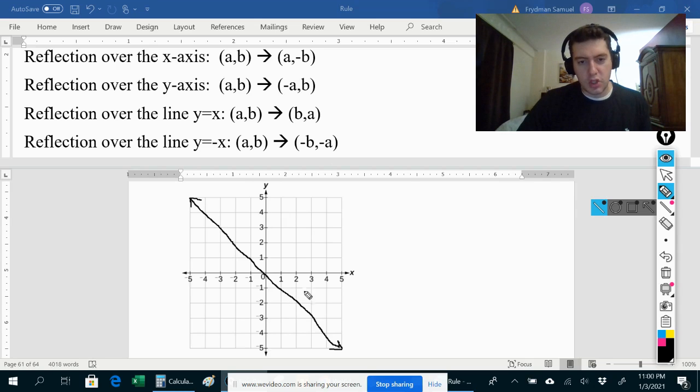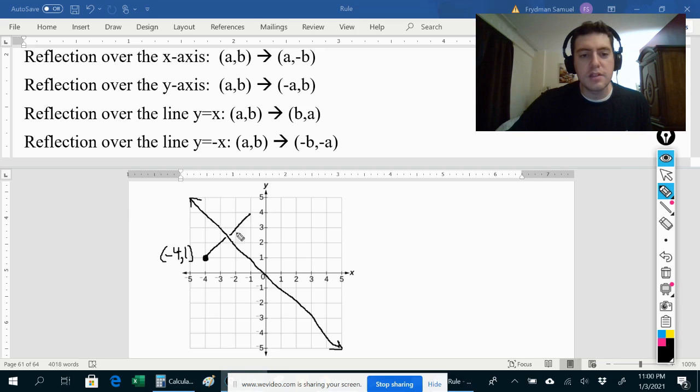Let's pick this point over here, (-4, 1). Here's my original point, and let's reflect it over this line. The distance here is the same as this distance. Okay, what point is this? That is (-1, 4).